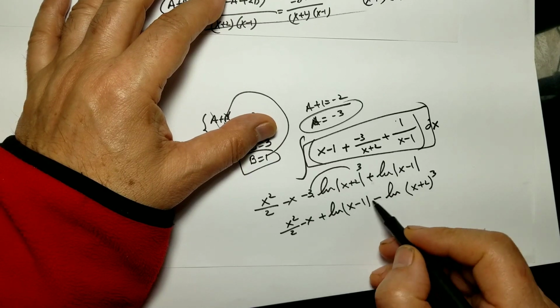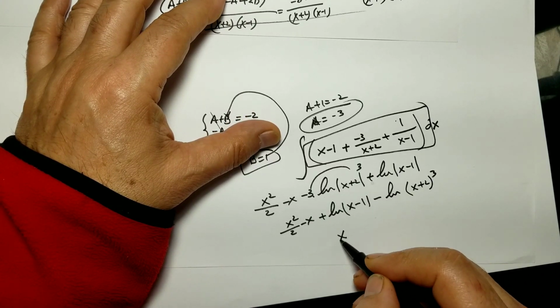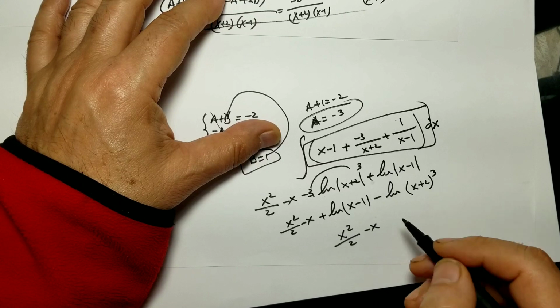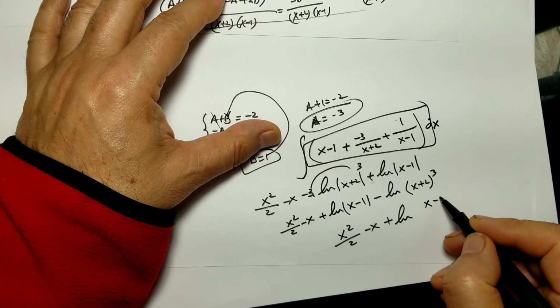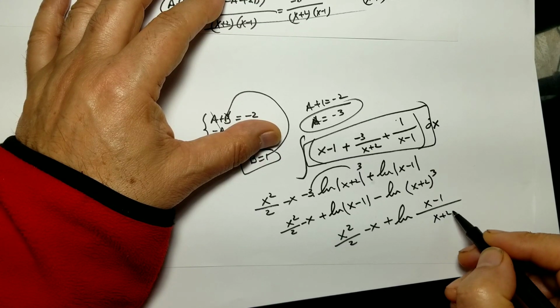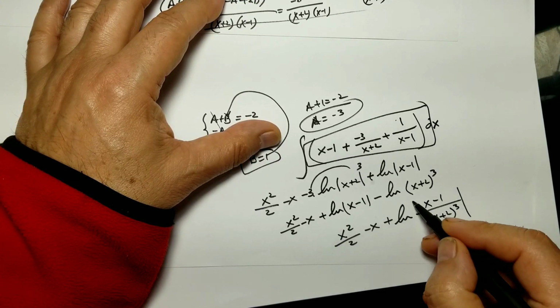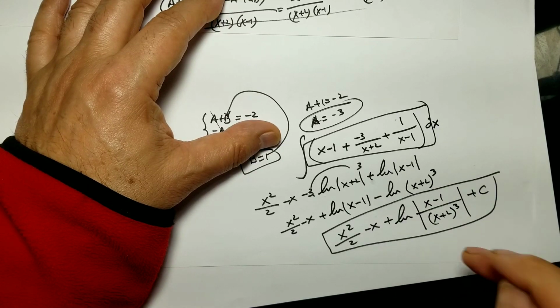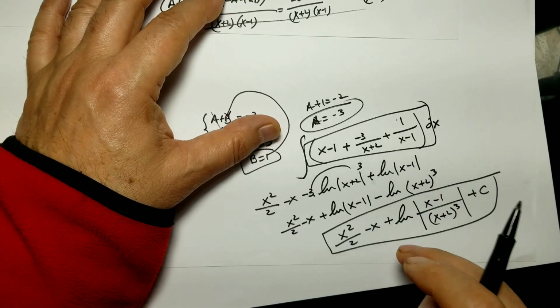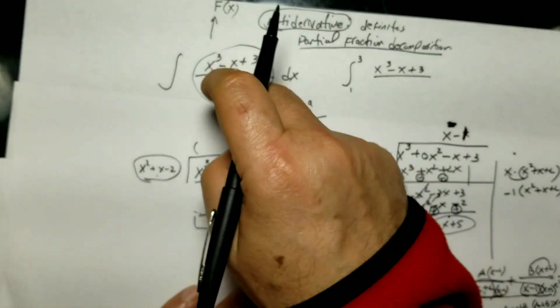And when do you subtract the power? When the power is written in the form of a division. x minus 1 over x plus 2 cubed, absolute value, plus c.